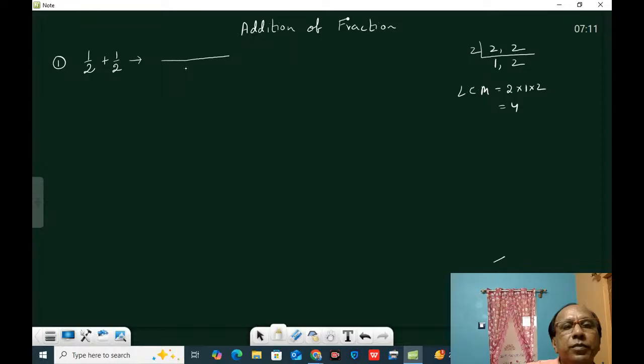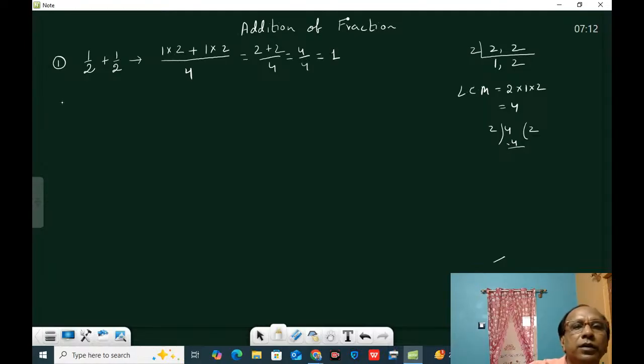We take the LCM 4, and it will be 1 into, divide this 4 by the denominator 2, that is 2, so it will multiply by 2, plus 1 into, divide 4 by 2, that is 2. So we are getting 2 plus 2, that is 4, and that is 4 by 4, that is equal to 1, right?